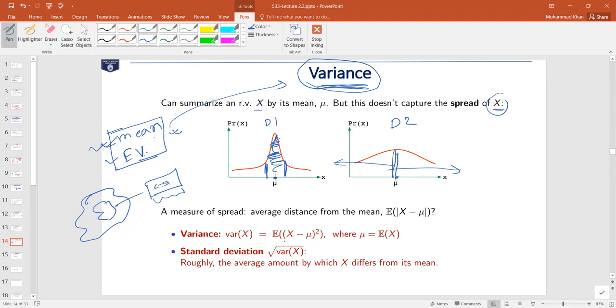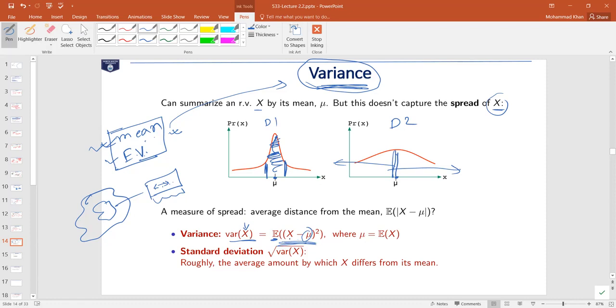That means we need to calculate basically this number. We find the expectation of the values around the mean. So we are using expectation to find the variance of random variable x. How? At first we find the mean value, and then we check all other values of this random variable.